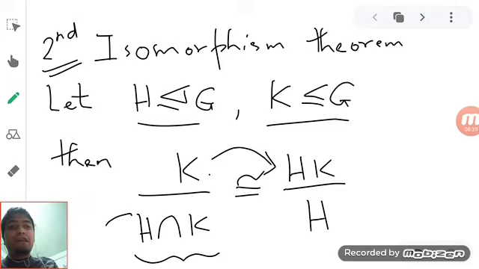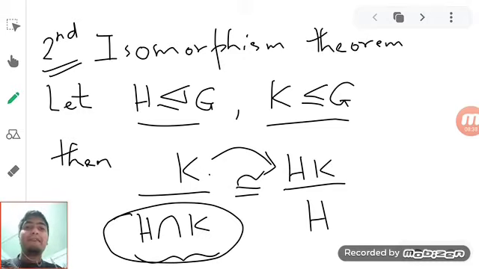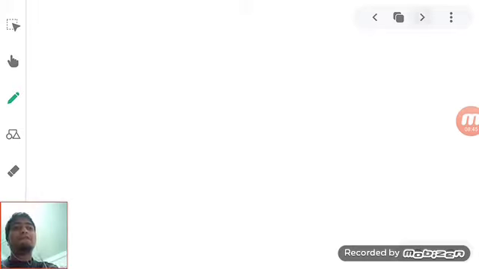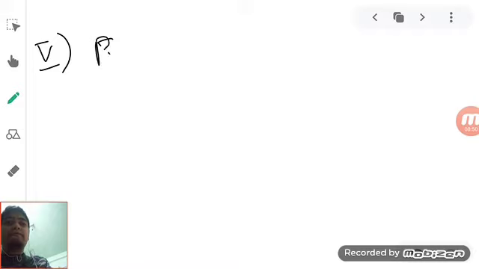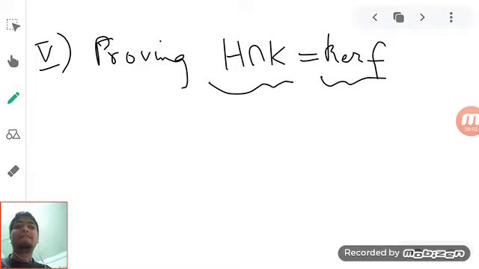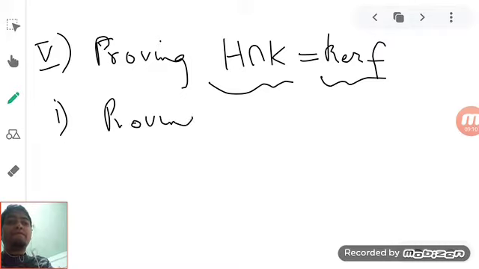We will show that H intersection K is equal to the kernel of f. So the fifth part, proving H intersection K equal to kernel f. Both of these are sets. So the first part consists of proving H intersection K is a subset of kernel f.